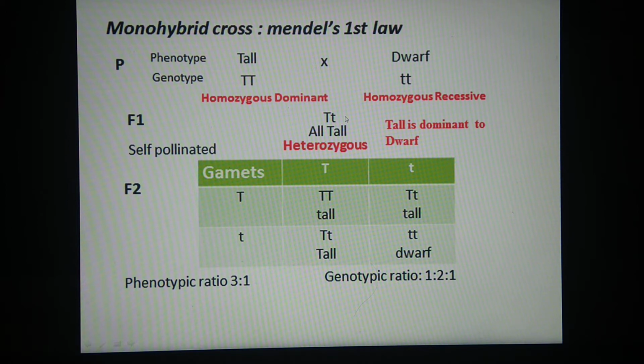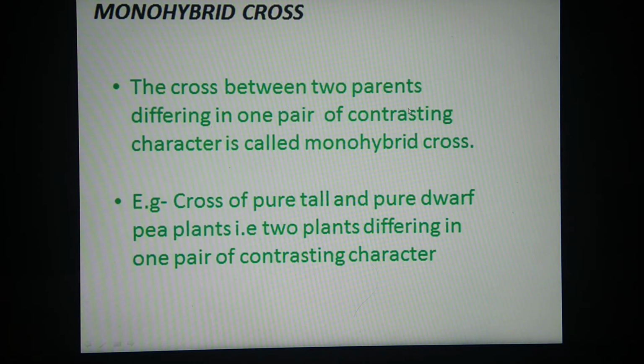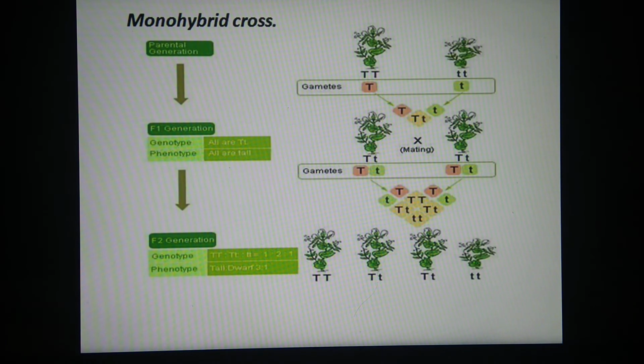But Mendel in his experiment studied 7 pairs of characters. What are these 7 pairs of characters? We'll study that first and then we'll go forward. So we'll see the 7 pairs of characters now.